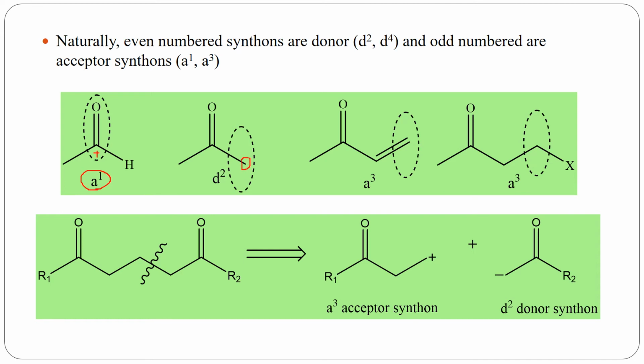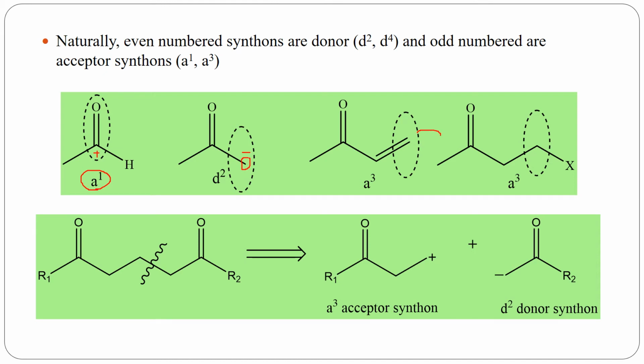In the presence of a base, acetone, or the carbon adjacent to the carbonyl, is able to donate its electron pair. Remember that it's in the presence of base, so it's D2. A3 is an acceptor synthon.